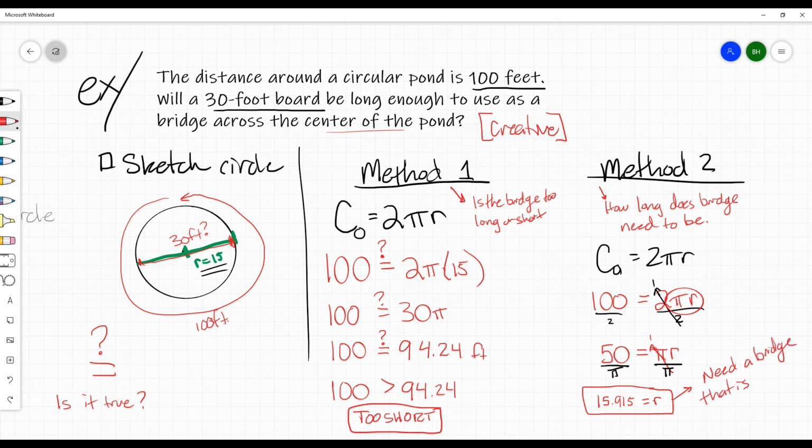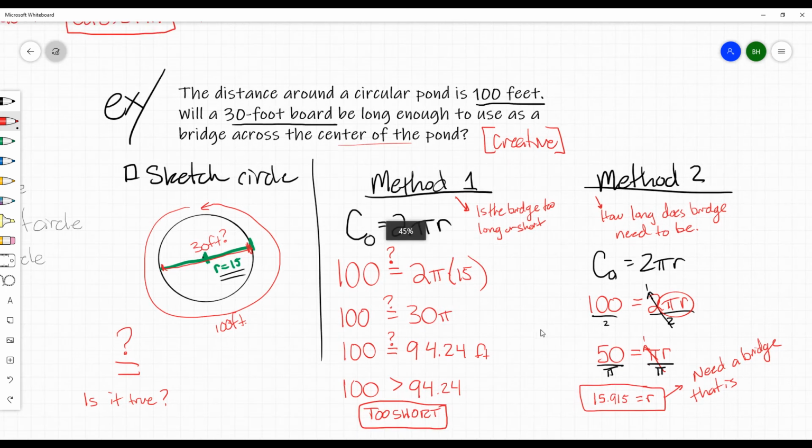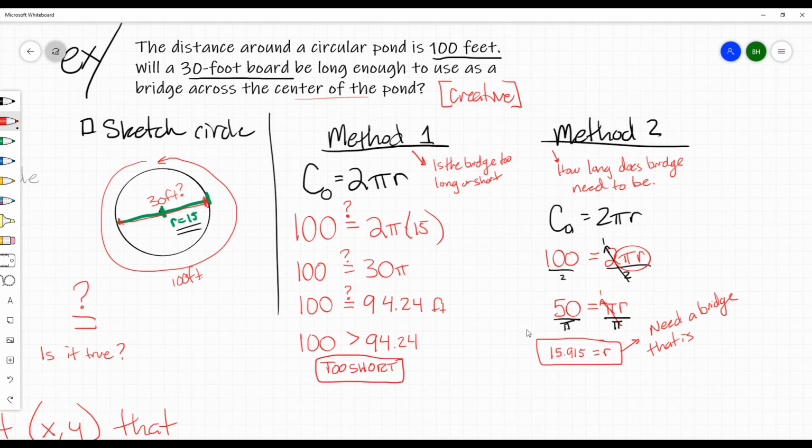that is, and if we think about it, that's only half of the pond. So what we need to do is actually multiply this by 2 to get the full length of whatever the bridge is. So in this case, that is 2 times as long as the radius.